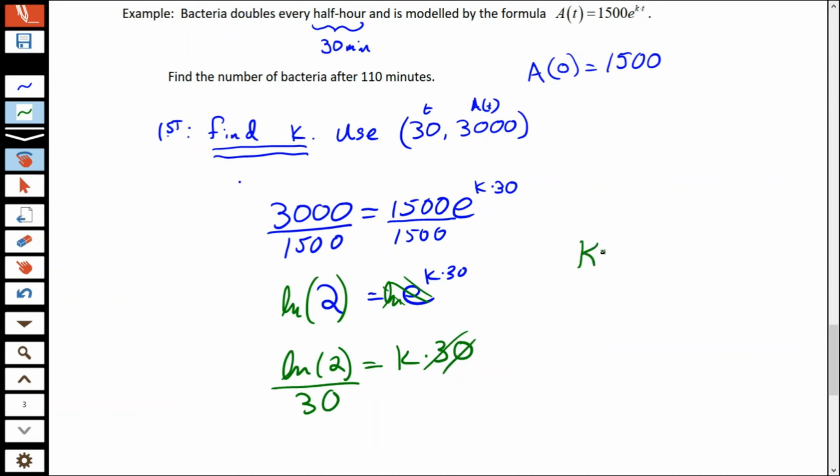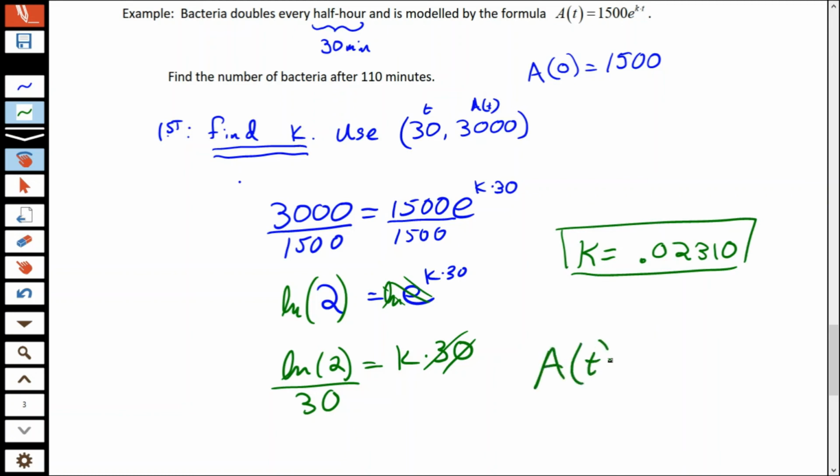And of course, our growth constant is going to be natural log of 2 divided by 30, which is 0.0231. Okay, so I'm going to use that now as part of our formula.